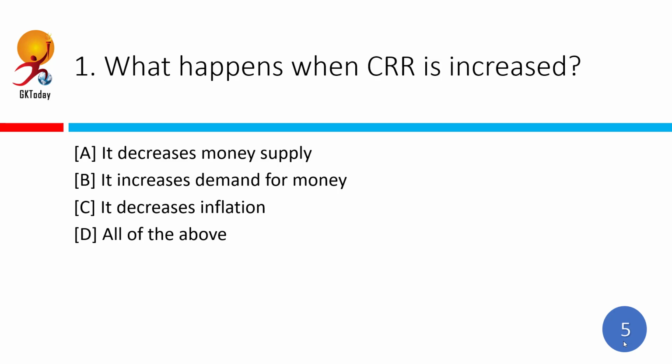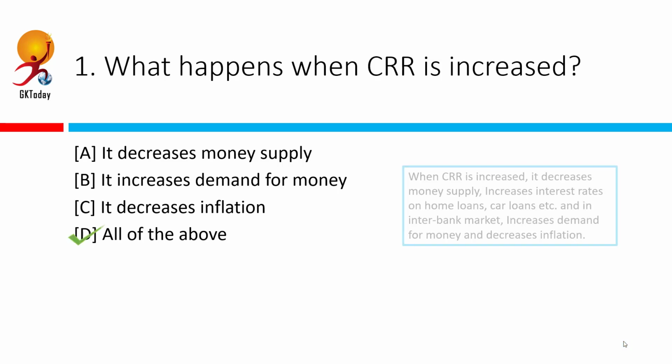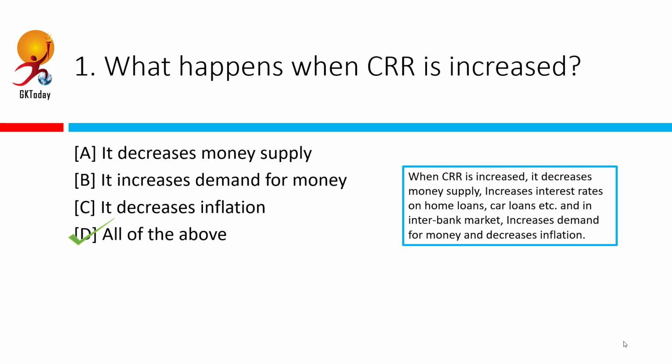What happens when CRR is increased? So CRR stands for what? Here the correct answer is all of the above. So first of all, CRR stands for cash reserve ratio.